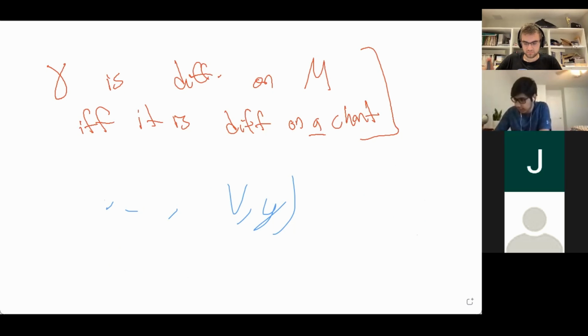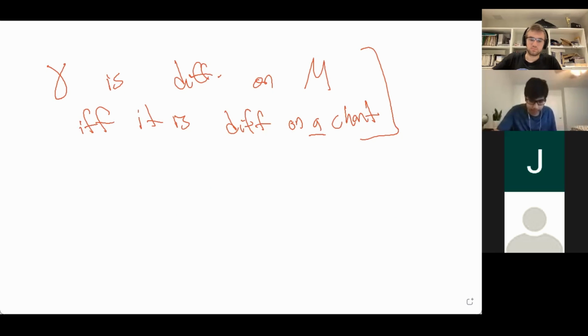The other case, I'm just going to erase off this actually, is, so if the intersection is non-empty, then chart transition maps have to have this flower property. So let's see, we've got a chart. So we've got U intersect V, right?